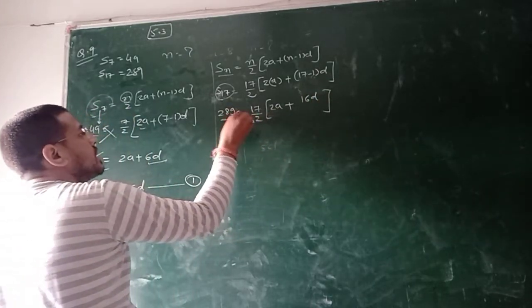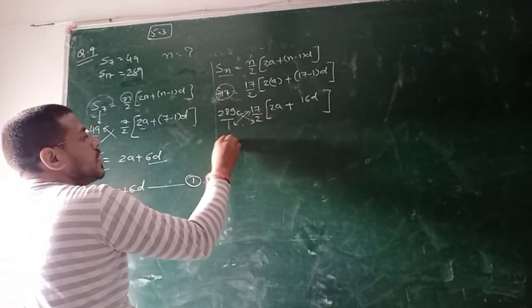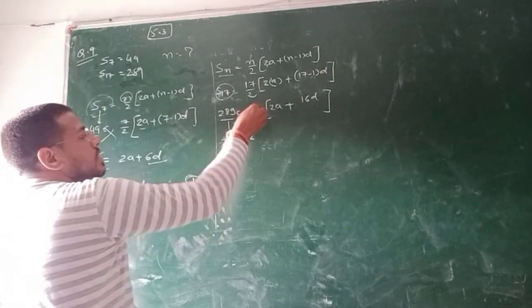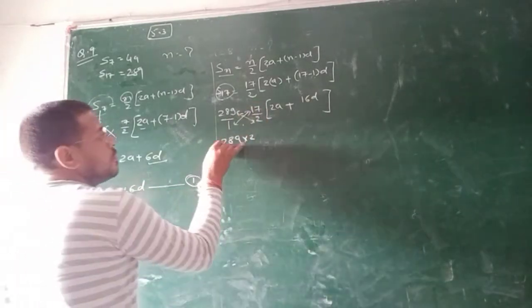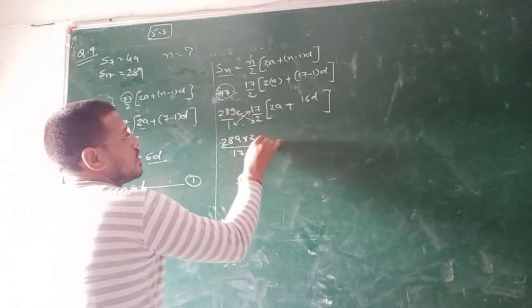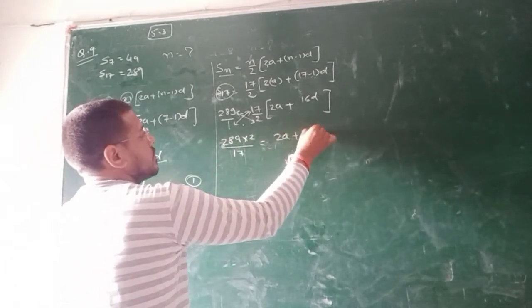Do a cross multiplication. So 289 into 2, and 17 which is on the opposite side should come as the denominator. So here will be 2a plus 16d.